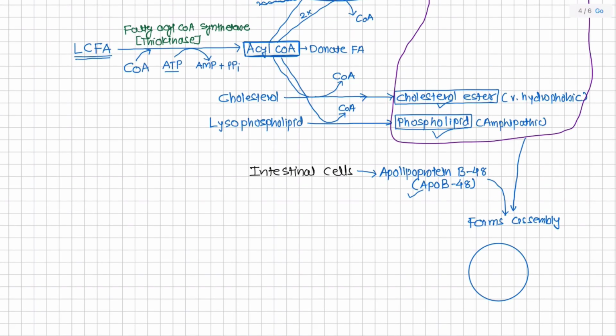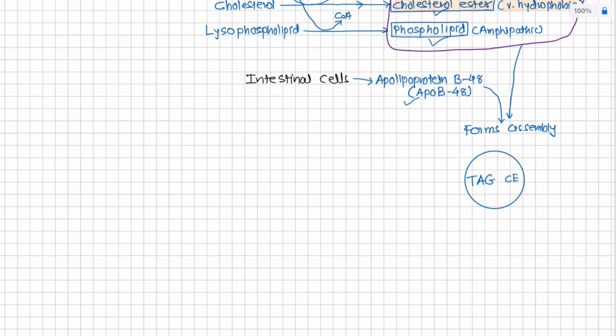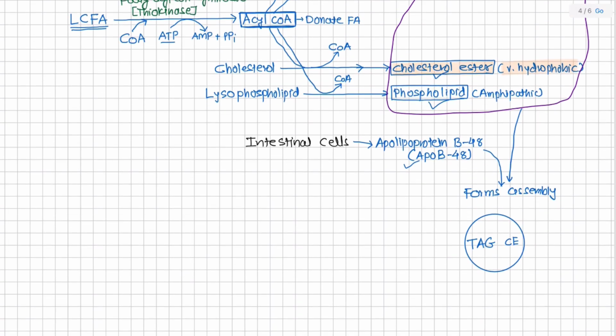In the center, we have hydrophobic molecules, triacylglycerol and cholesterol ester, because they hate water. On the surface, we have molecules with hydrophilic parts facing outwards, that's ApoB48 and phospholipids. And obviously, as triacylglycerol are major dietary lipids, this contains far more triacylglycerol than cholesterol ester.